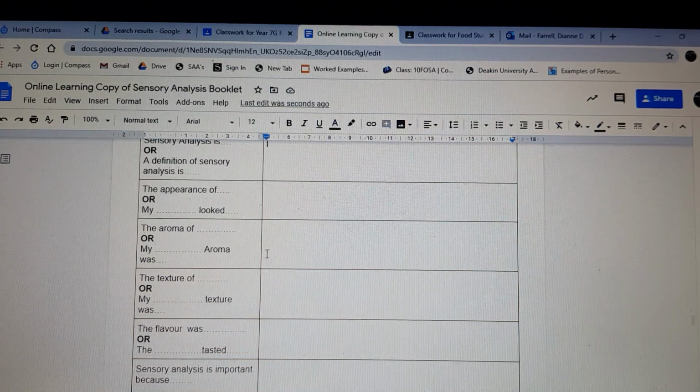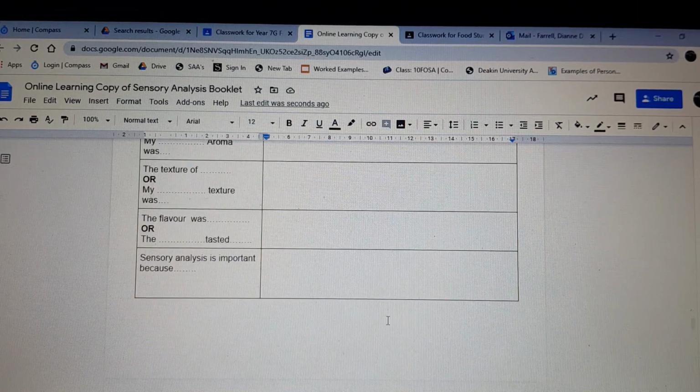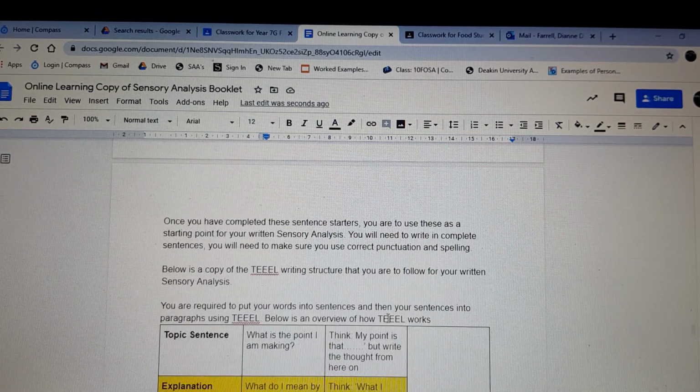Okay, so you're going to work your way all the way through here. Remember that at the start of each paragraph, we need to have a topic sentence. Okay, and then you're going to write a sentence about your product that you've chosen. Now, on the next page, there is a template or a guide that shows you how we use the teal writing structure.